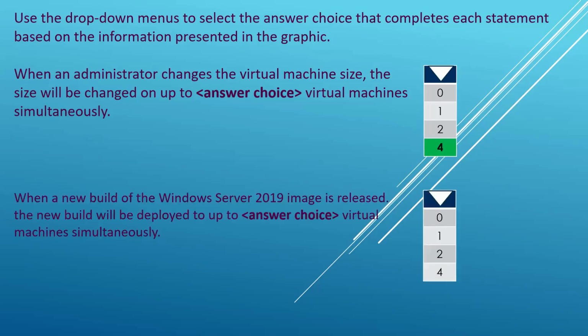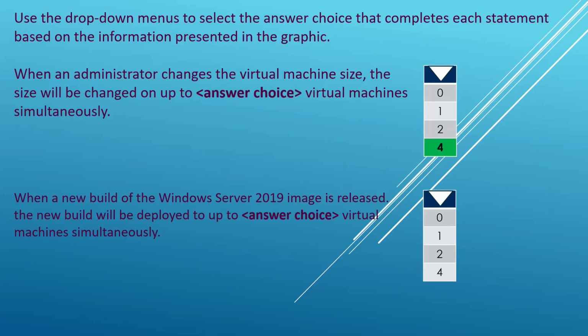Now the next statement is, when a new build of the Windows Server 2019 image is released, the new build will be deployed to up to how many virtual machines simultaneously? Again, your options are 0, 1, 2, and 4. Now friends, from the second cmdlet output, you can see that the OS image upgrades are set to automatic.